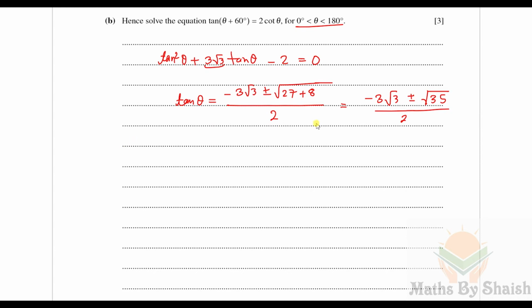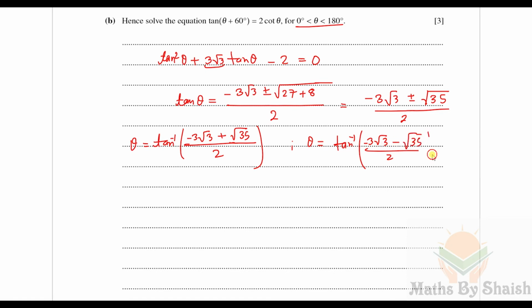So the two values of theta would be tangent inverse of, with the plus sign, minus 3 root 3 plus root 35 over 2, and with the negative sign, tangent inverse of minus 3 root 3 minus root 35 over 2.